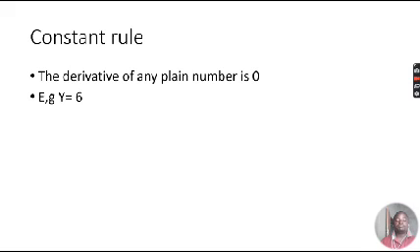Let's see an example. If we differentiate y equals 6, our dy over dx will be 0. Why? Because y has a constant number, which is 6.